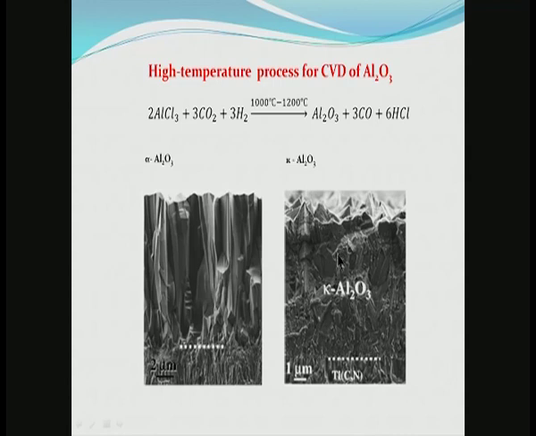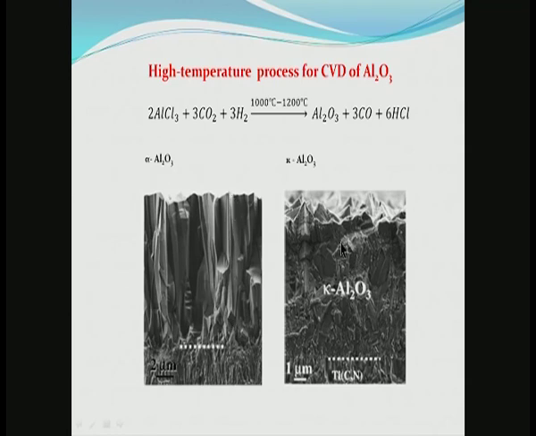Now, what I want you to look at is that these are very thin long needles of Al2O3, crystals of Al2O3, which have the cutting force necessary for cutting high speed steel, and these are very thin in terms of nanometers, although they are long, several micrometers long.